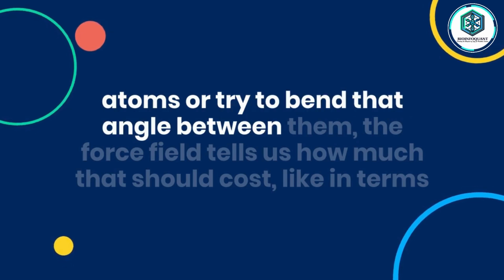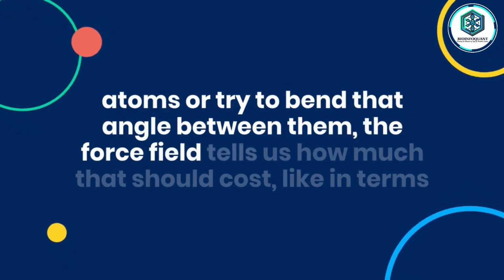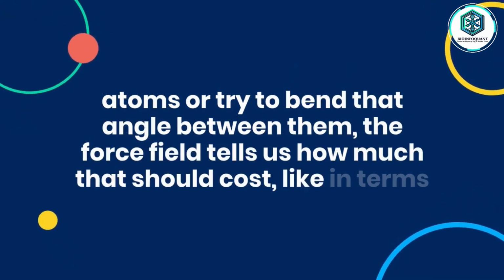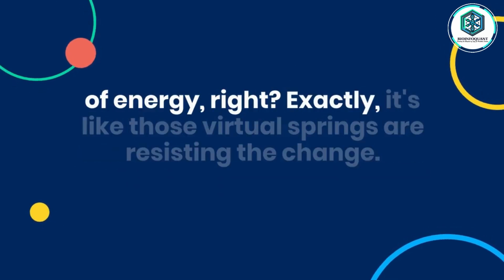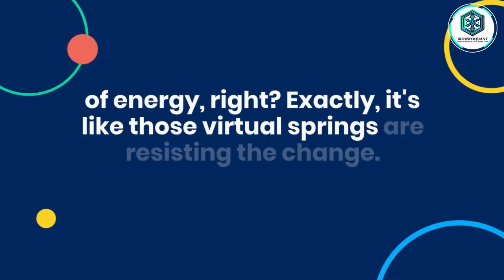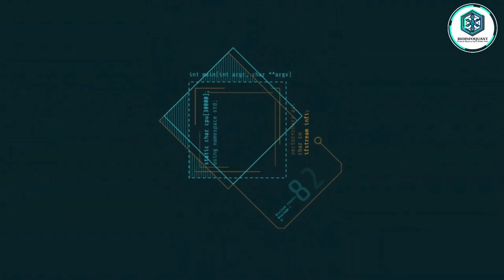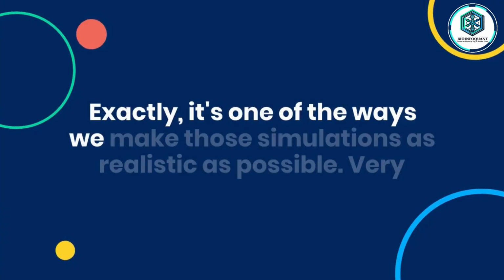So if we pull on those atoms or try to bend that angle between them, the force field tells us how much that should cost, in terms of energy, right? Exactly. It's like those virtual springs are resisting the change. And so by adjusting how stiff those springs are, we can really fine-tune how our molecules behave. Exactly.